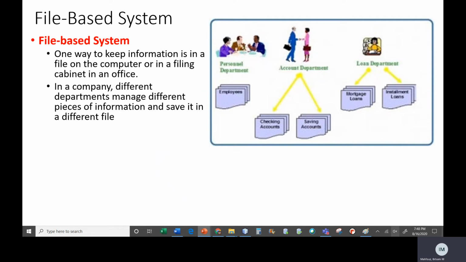As a professor, I'm interested in your information in terms of what courses you've taken before and prerequisites and what is your major. So when we have a company or something like a college or university, there are many, many departments that manage different pieces of information about one entity.